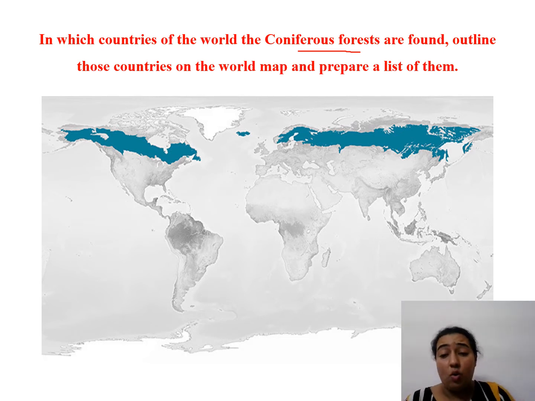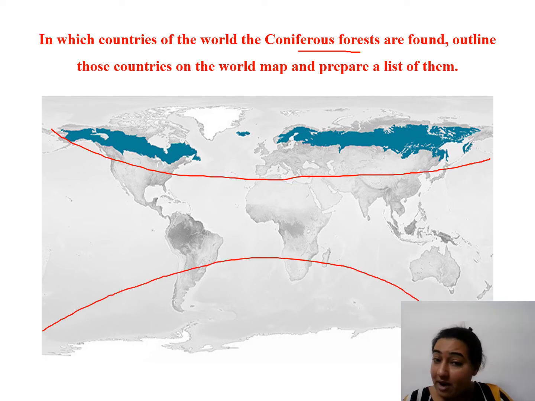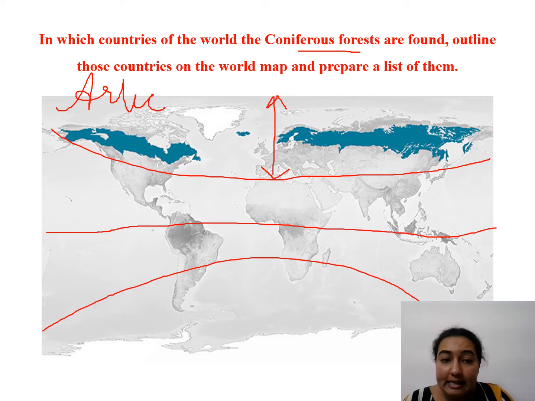I'll explain how. Students, we just now discussed it is found in the northern hemisphere of the world. So if we take this as the northern hemisphere and this as the southern hemisphere, fine, and this is the equator, fine. Now all those countries which are lying over this hemisphere are near the Arctic Circle, and this is also known as the northern hemisphere.